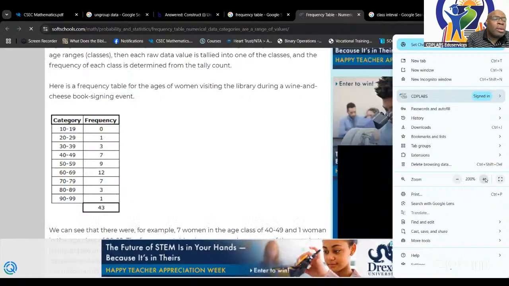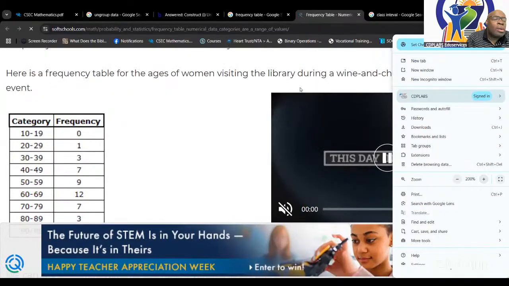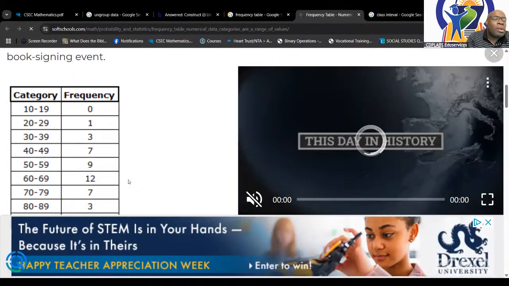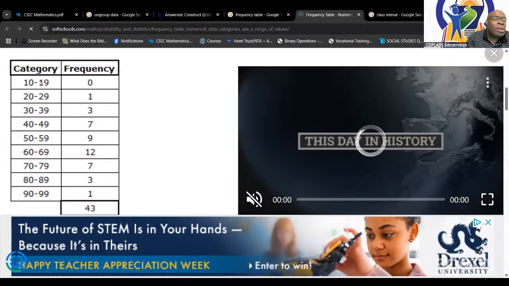All right, so let's talk about the class boundary now, how we go about it. We're focusing on this frequency table right here. Let us say we're looking at the class interval 10 to 19.